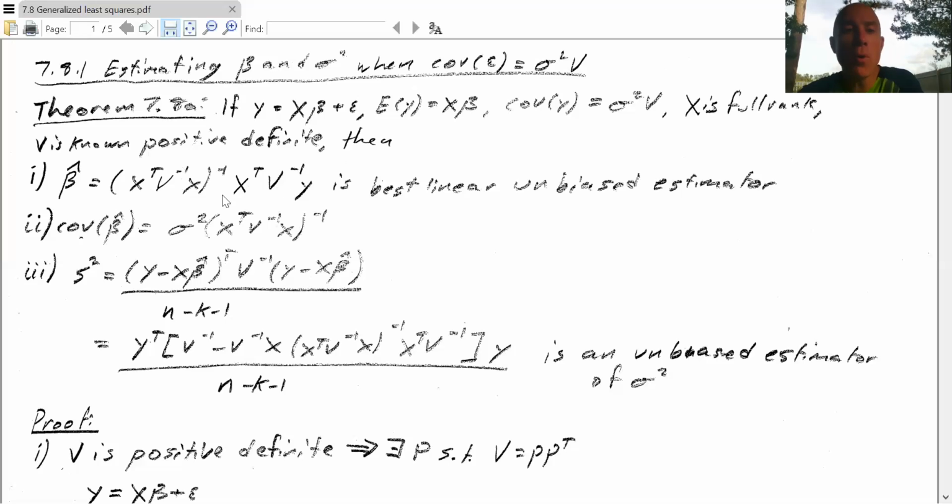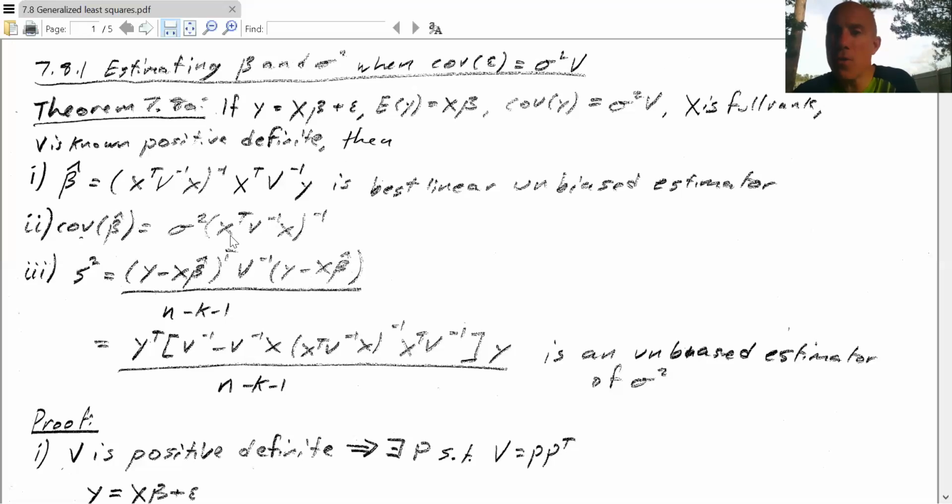It's just that on the right of my X transpose twice, I have V inverse. This is going to be a best linear unbiased estimator of the coefficients. To prove that, you do exactly what you do to prove regular ordinary least squares estimates are BLUE.